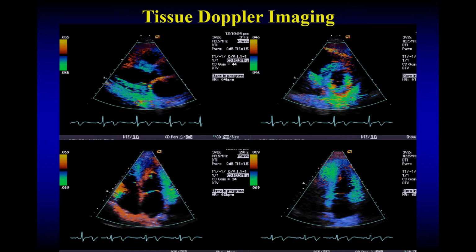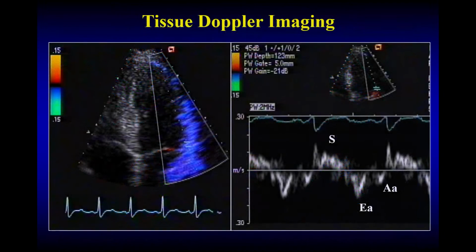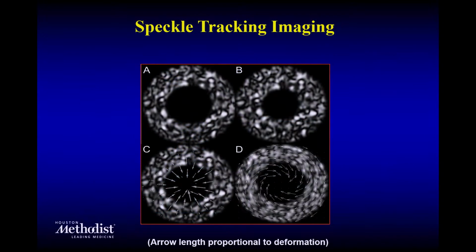And then came a true new area for us, I would say close to 15, 20 years ago now, with all the tissue Doppler imaging and applications in myocardial function, diastolic function, everything else. And then probably the most impressive thing afterwards came with speckle tracking imaging.